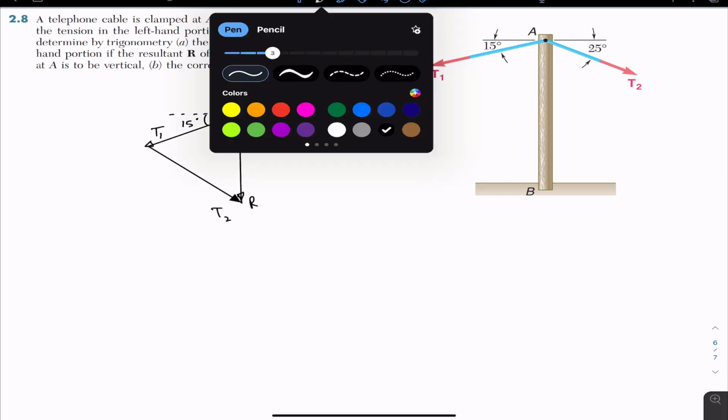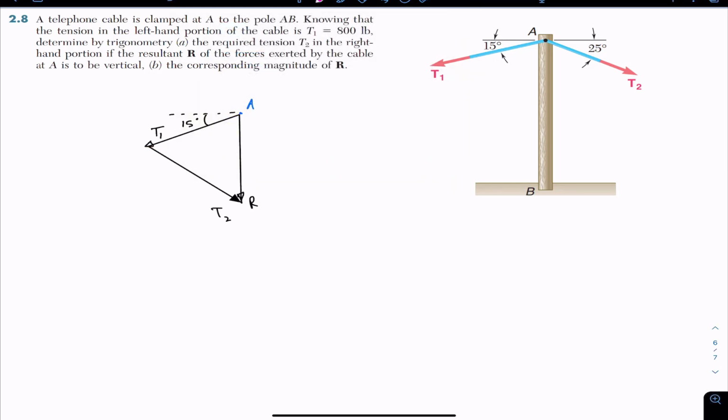So let me draw a horizontal line here. This angle is 25 degrees, as given in the diagram. And as we can see, if this is a horizontal line and this is a horizontal line, then this angle and this angle are equal, since they are alternate angles.